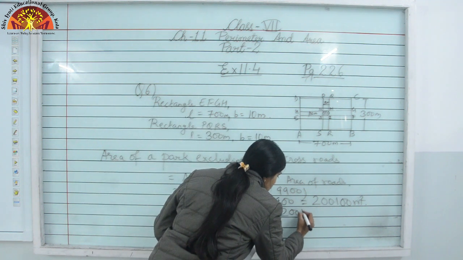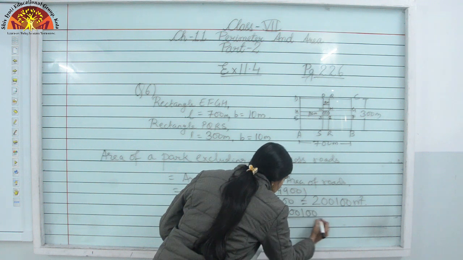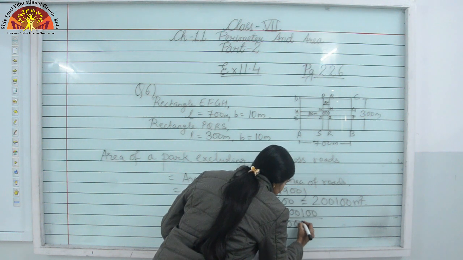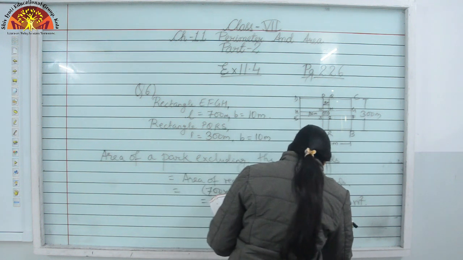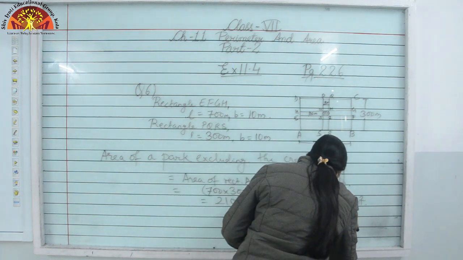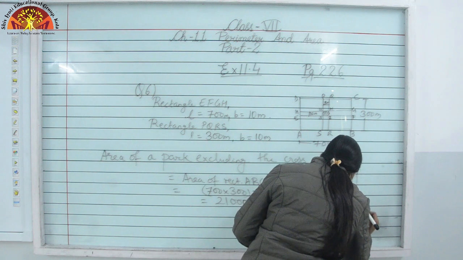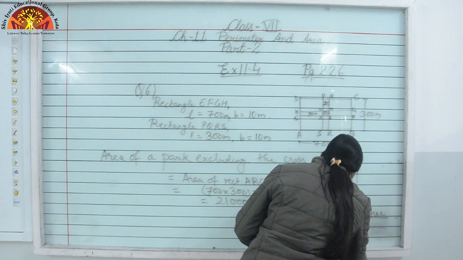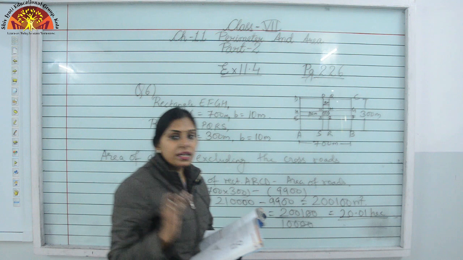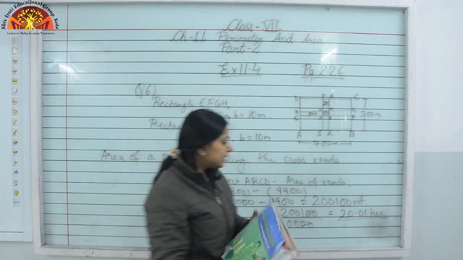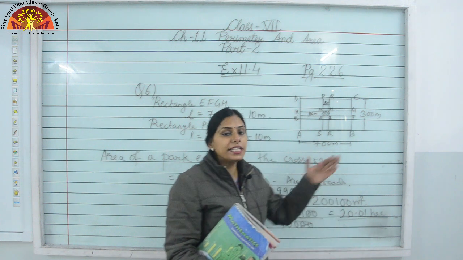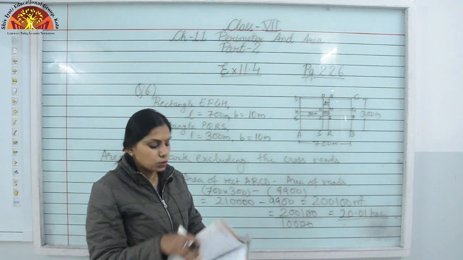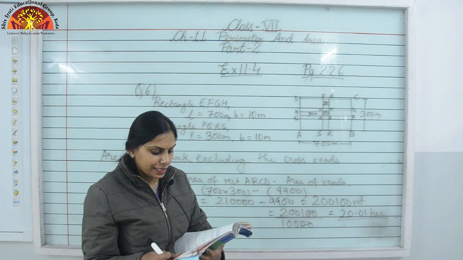So 200,100 upon 10,000, your answer is 20.01 hectares. So area of the park excluding the roads in hectares is 20.01 hectares and area of the roads is equal to 0.99 hectares.